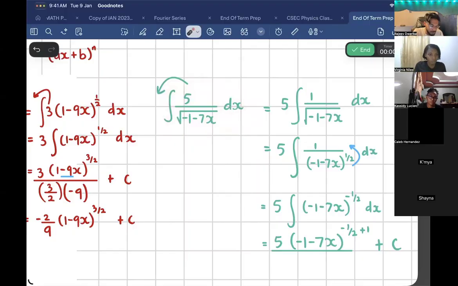That's a variable in the function. Take, for instance, if instead of minus 7x, you had minus 7y, what would I write here? The y. I would say the y because I would have a function now in terms of the variable y. So I would integrate that with respect to y.